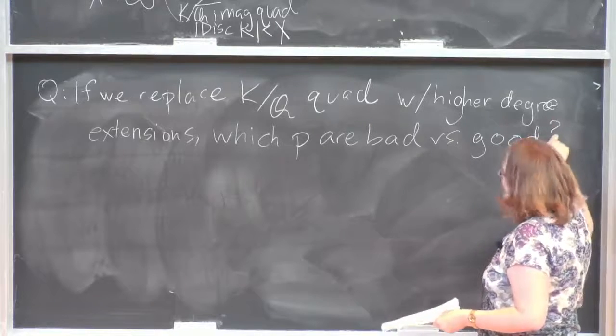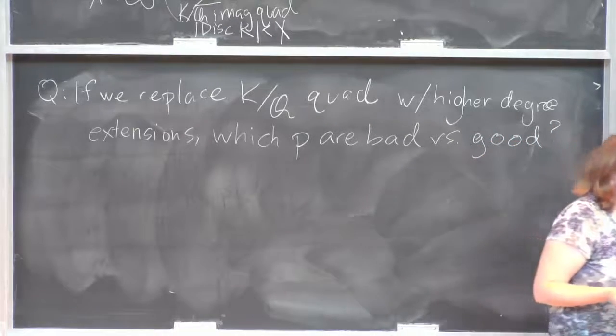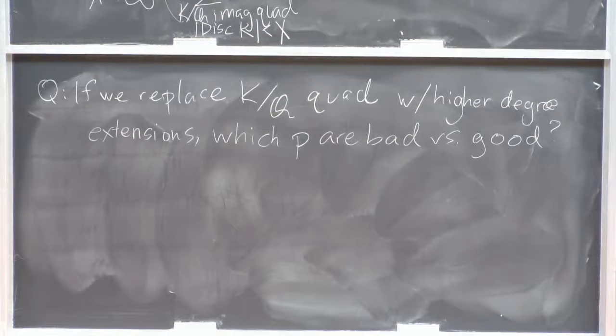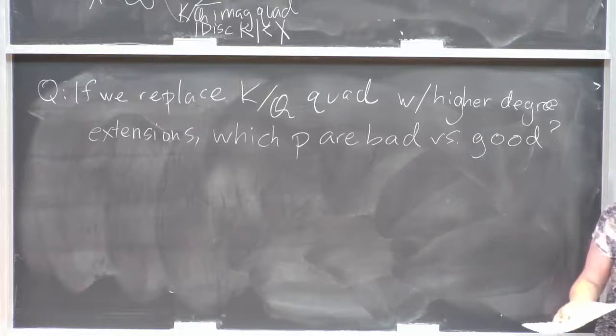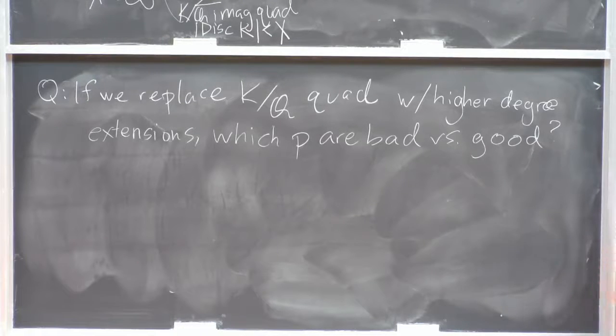Somehow, in retrospect, it all seems so obvious that 2 should be bad and everything else is good in the quadratic case, but I think it is not at all clear for any higher degree examples which parts of the class group somehow misbehave.